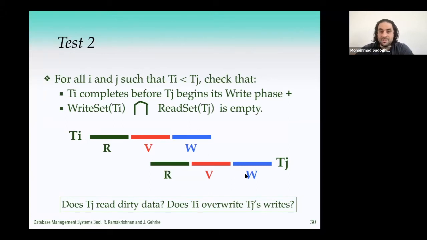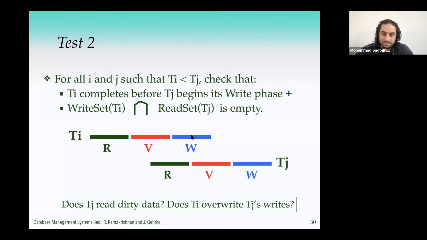That means there is no conflict between the write set of Tj and anything that Ti does. That's an easy rule. The other says, if you overlap the read and write of Ti and Tj, then we make a very coarse requirement that the read and write happening concurrently should have zero overlap.